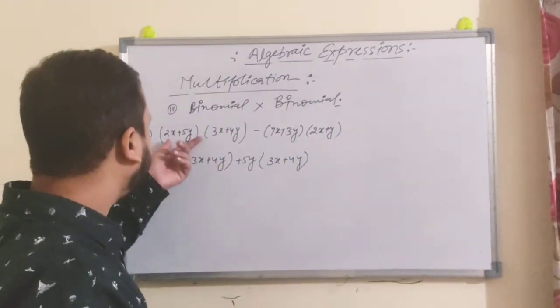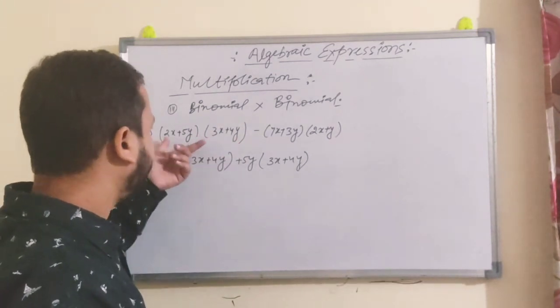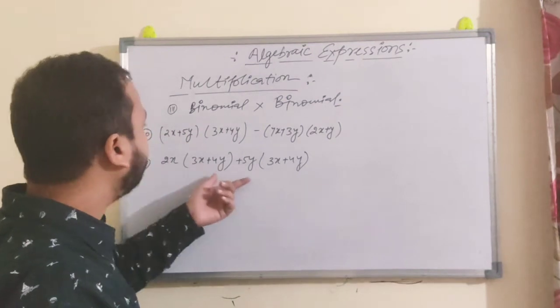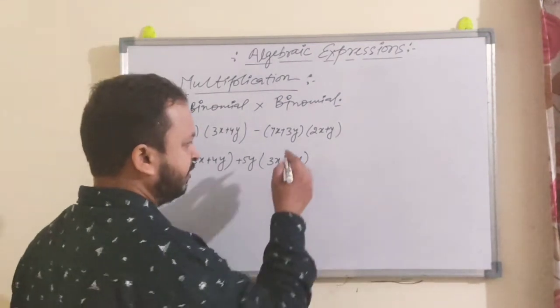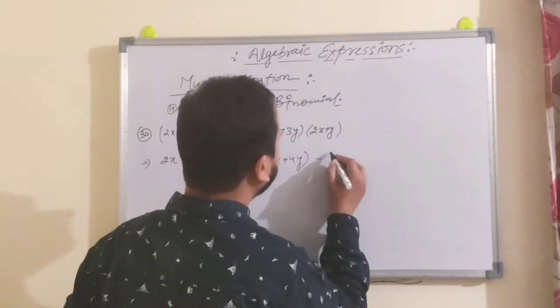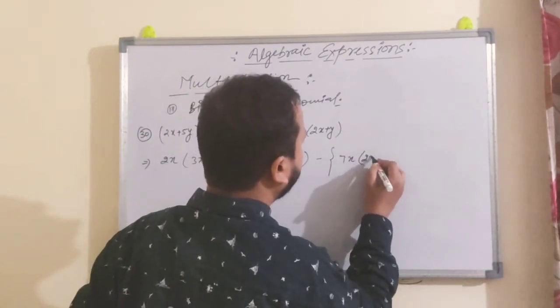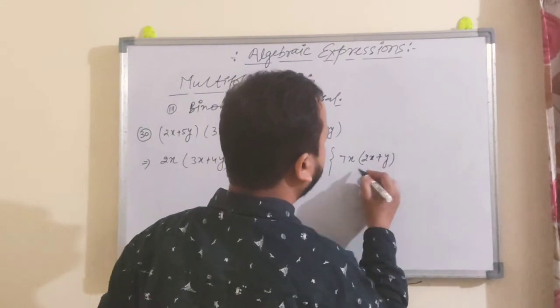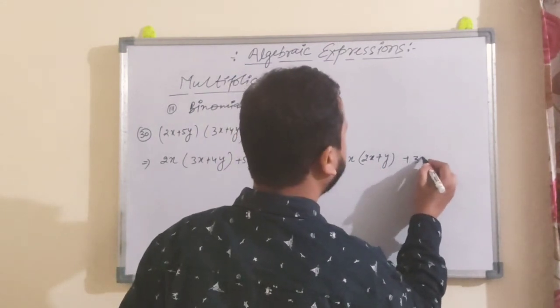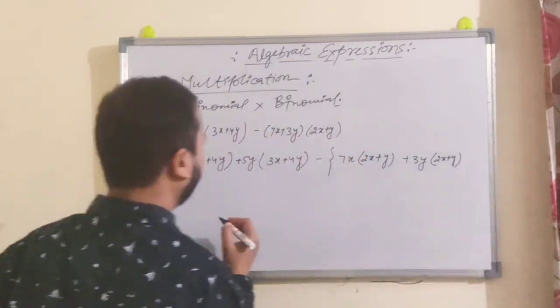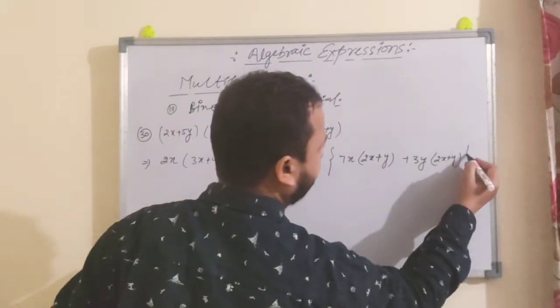Look, here we have applied the distributive law, right? Here a binomial is given, here a binomial is given, so we have applied the distributive law. And again for this, minus in a bracket 7x, then 2x plus y, and plus 3y, 2x plus y. Bracket close.